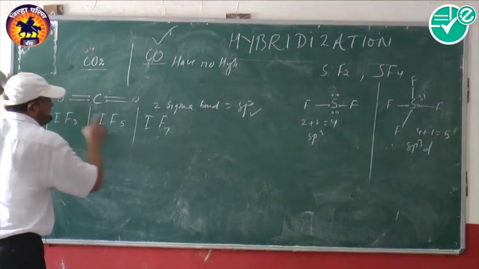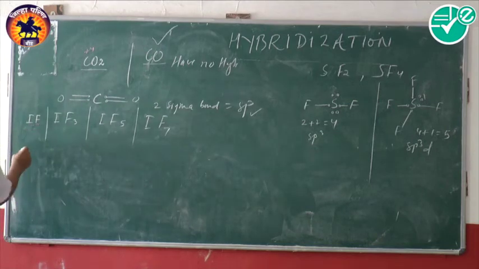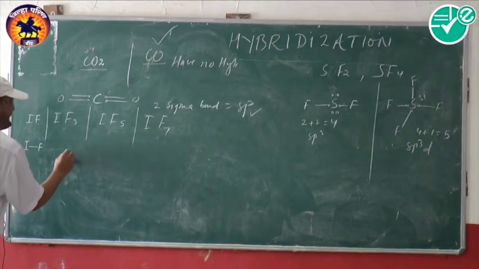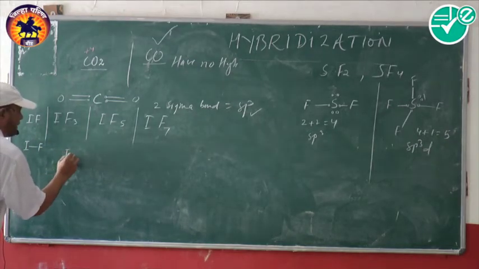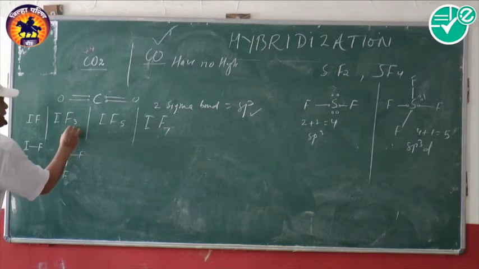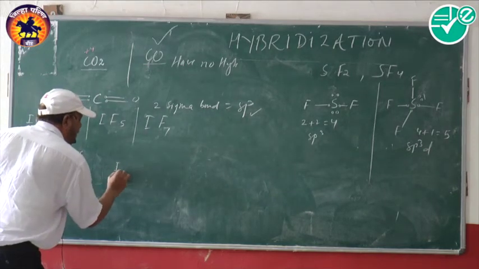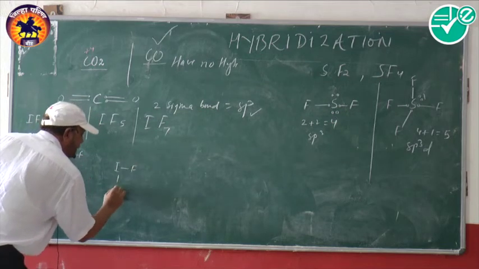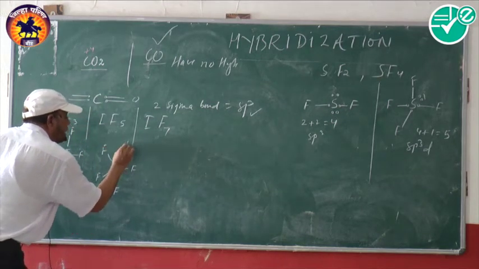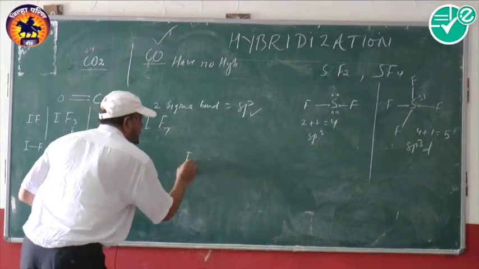In all these, the central atom is iodine. There is only 1 bond with F. In this case there are 3 bonds with F. There are 5 bonds with F. There are 7 bonds with F.